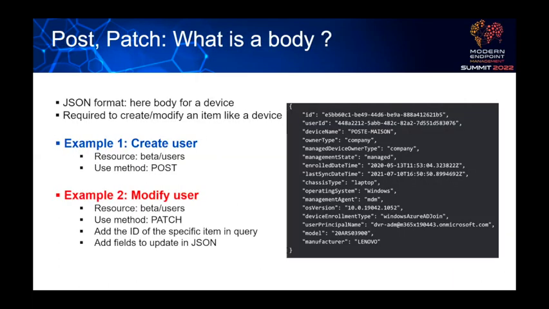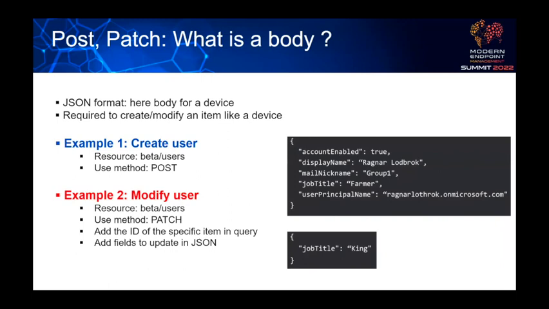We talk about body, but what is a body? A body is something in JSON format. There is a body for a device; it will list information about the specific device: device name, OS version, user principal name, model, etc. If you want to create a user, you will need to add a body for the user, meaning information of the user, for instance the display name and the job title, and use the POST method.